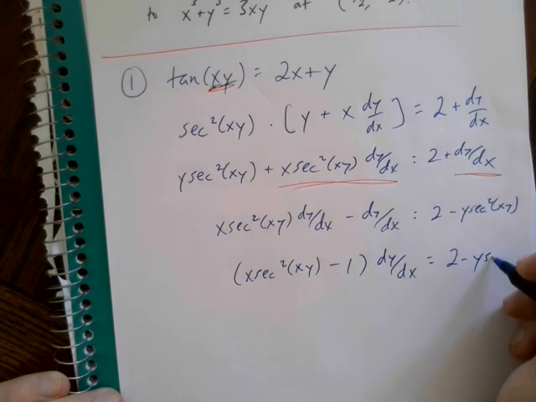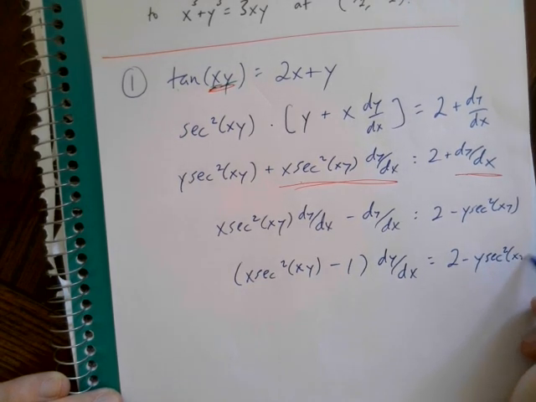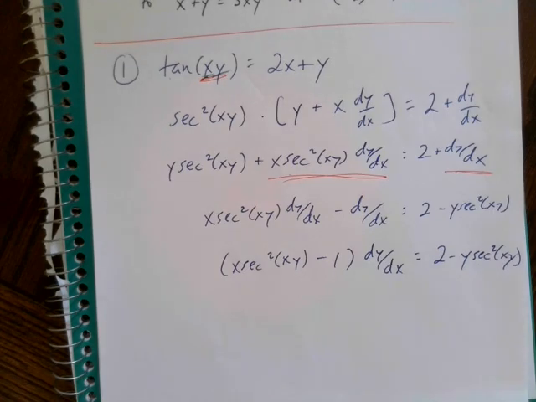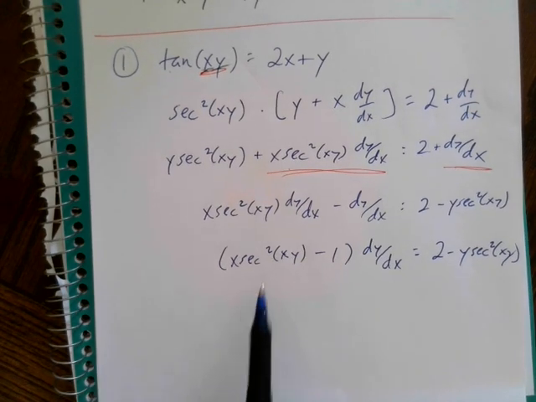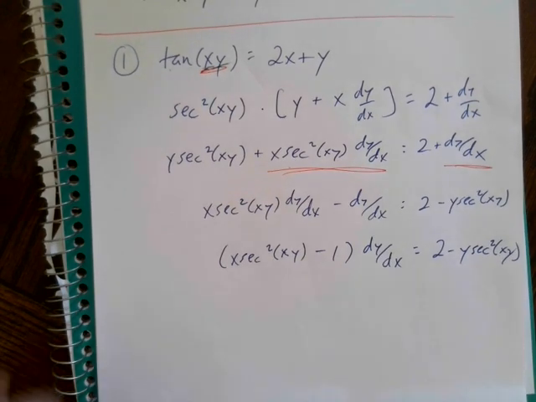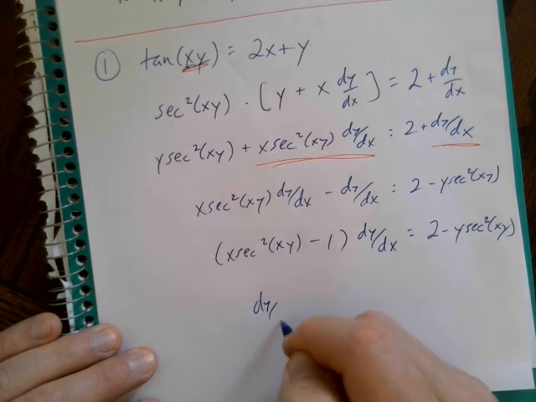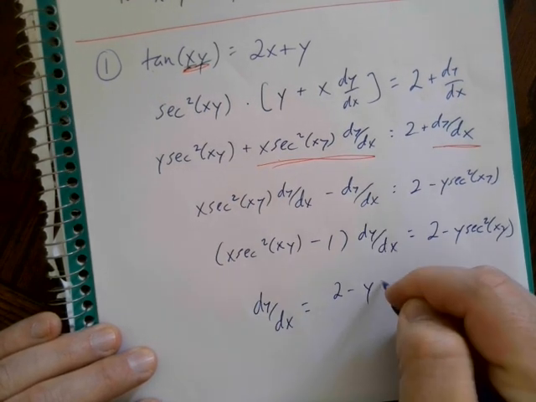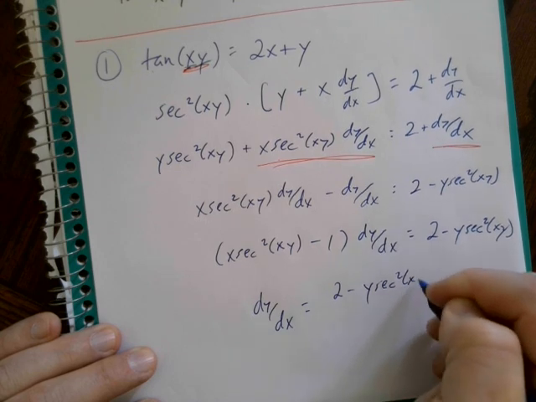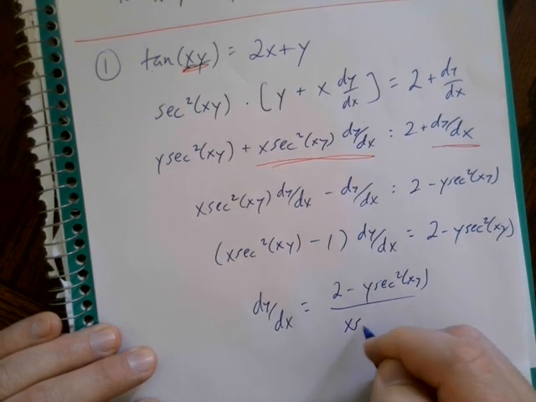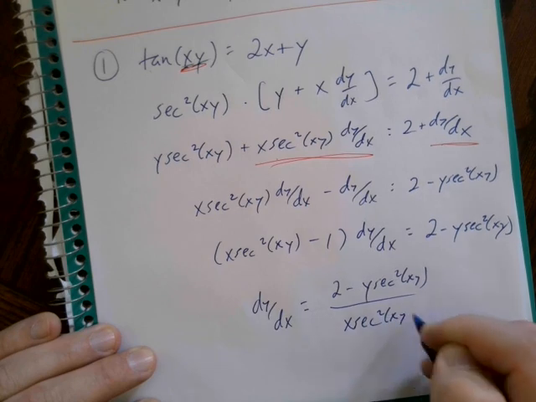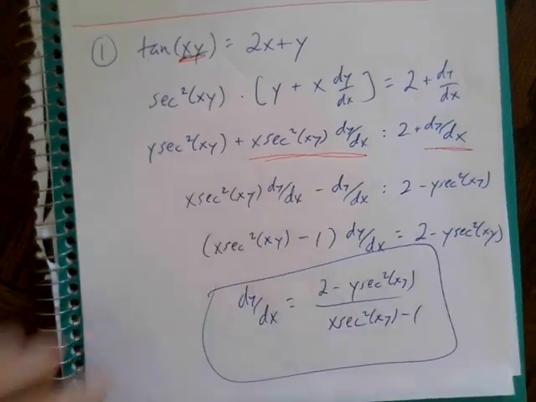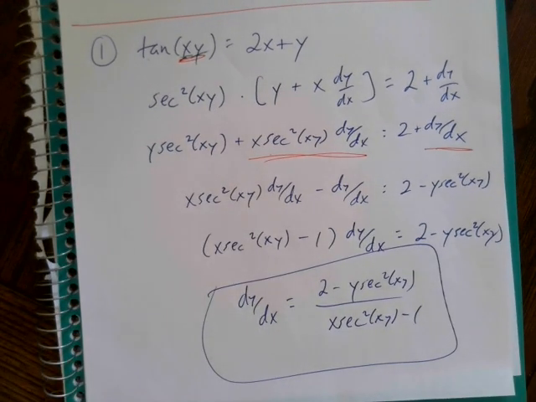Just looks better that way. And last step, divide by whatever's in front of dy/dx. dy/dx is 2 minus y secant squared xy over x secant squared xy minus 1. That is the derivative of y with respect to x. So that's the answer to the first problem.